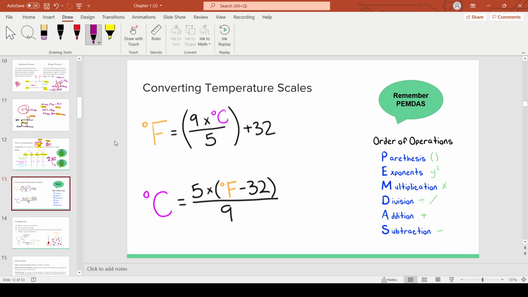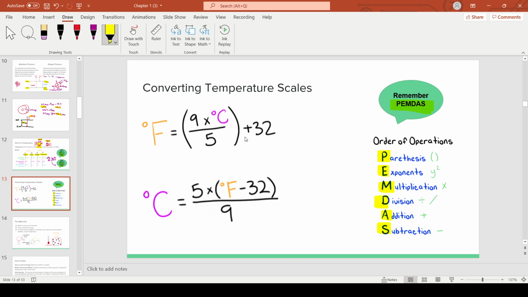All right, so converting temperature scales, okay? These are the equations you will need to use to convert temperature. Make sure you remember PEMDAS. You guys learned this in Algebra 1, right? Order of operations: parentheses, exponents, multiplication, division, addition, and subtraction, right? So this is the order you have to do things in.